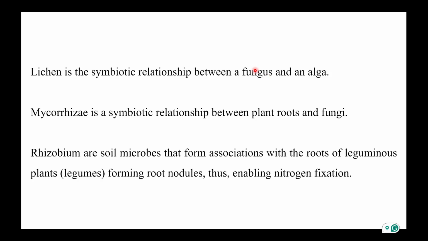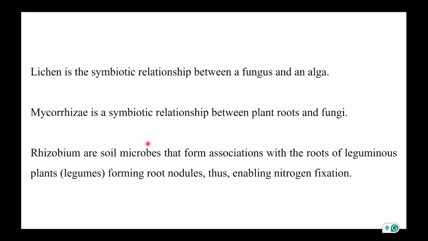Fungus can't make its own food, so fungus can use those organic carbon. And what is the algae getting? The mycelia of the fungus, remember, provide a space for the algae to grow. So fungus is providing a substrate to the algae to grow, and algae is providing food to the fungus. So it's a symbiotic relationship.